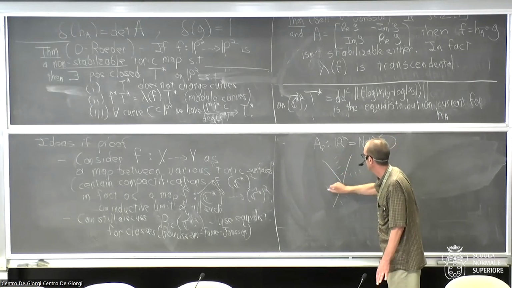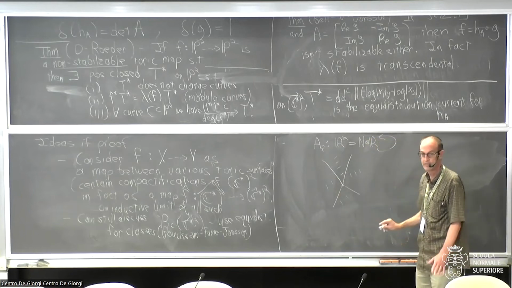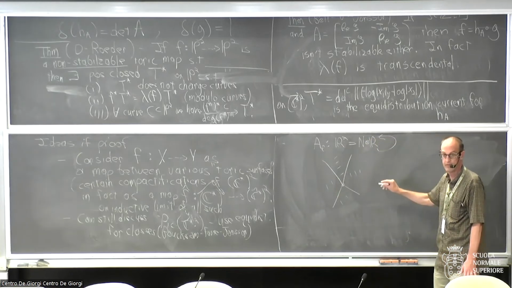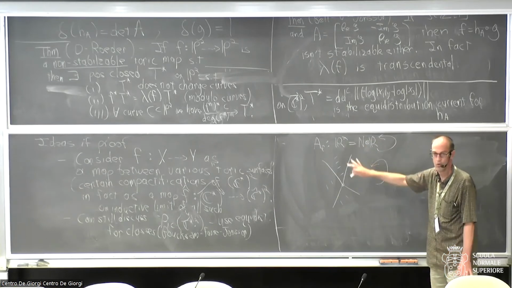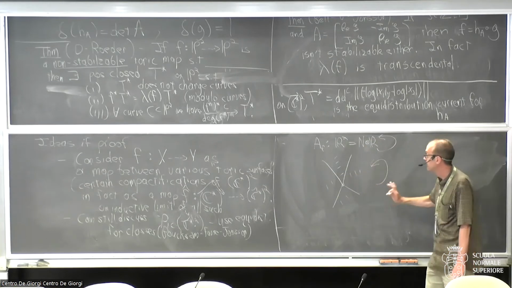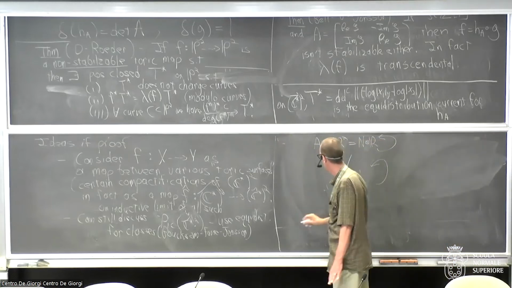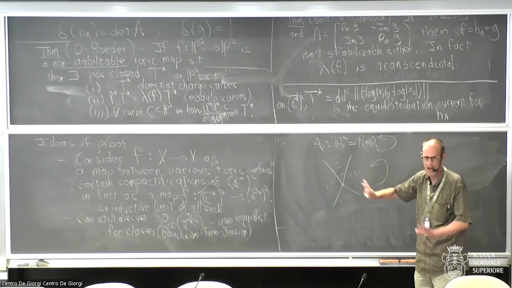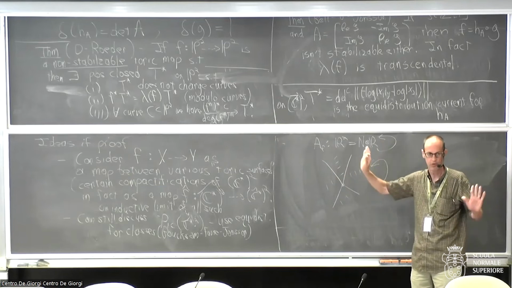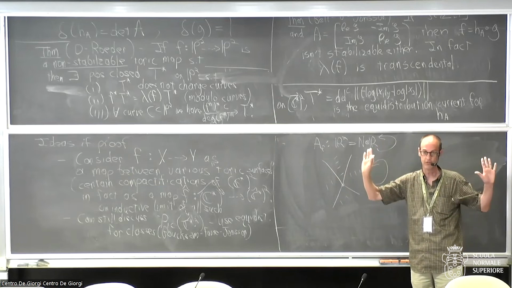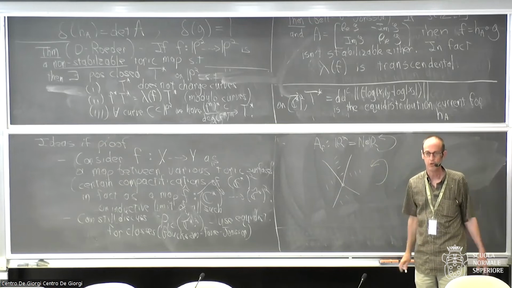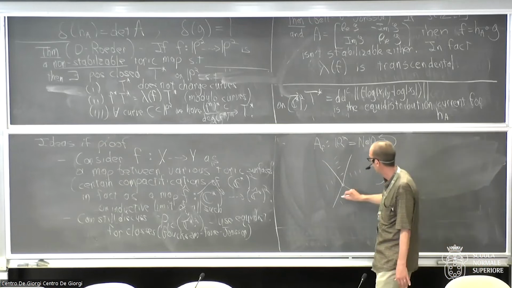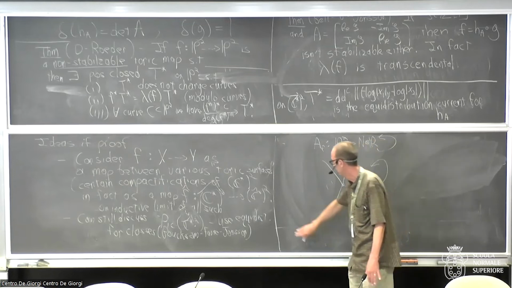It's linear on each piece separately, and it's continuous as a map on all of the space. Somehow it helps you keep track of what's going on outside C star squared, the part that is up to you in a toric surface.